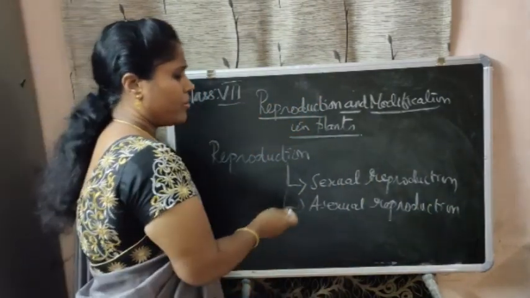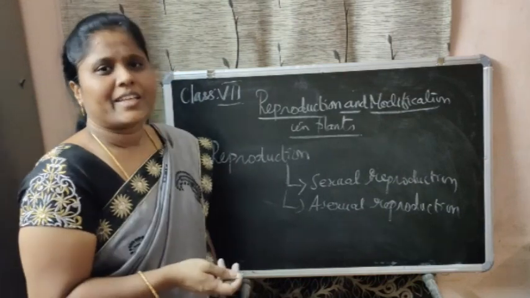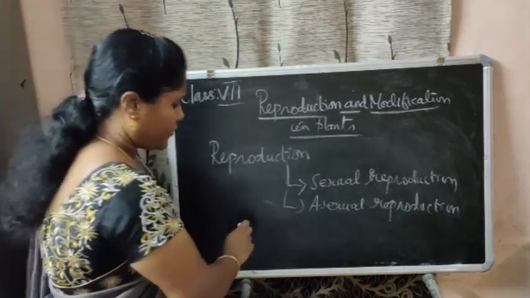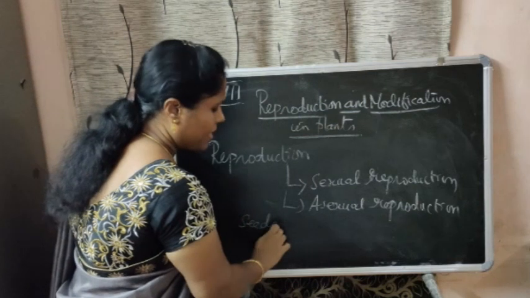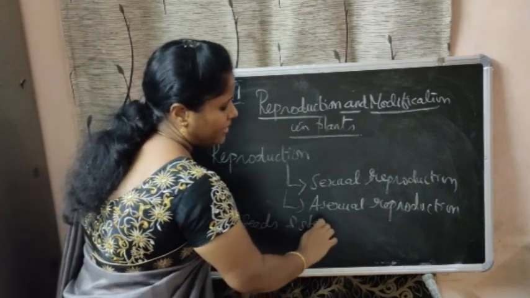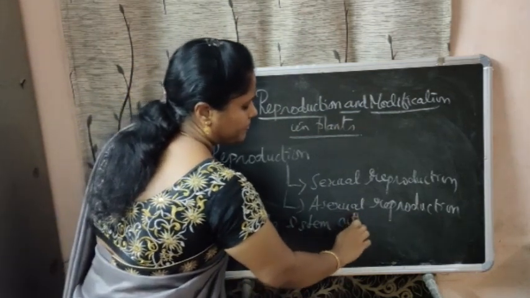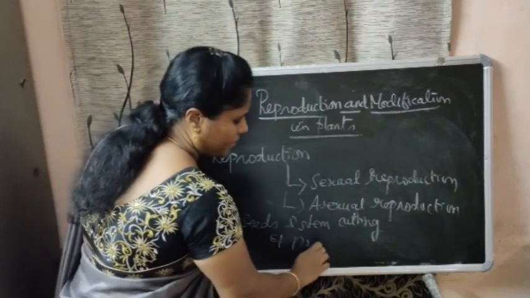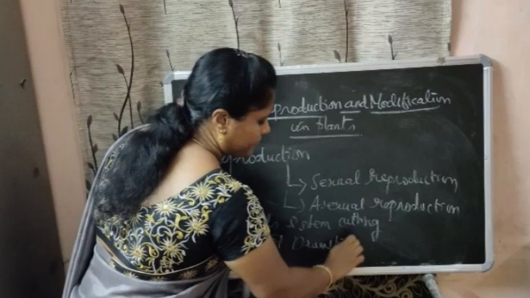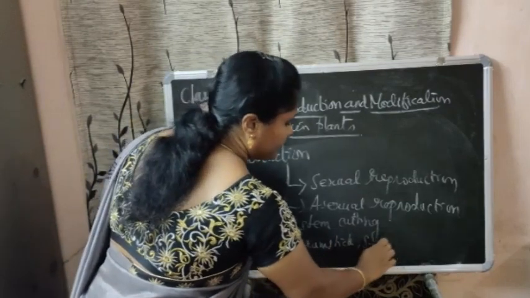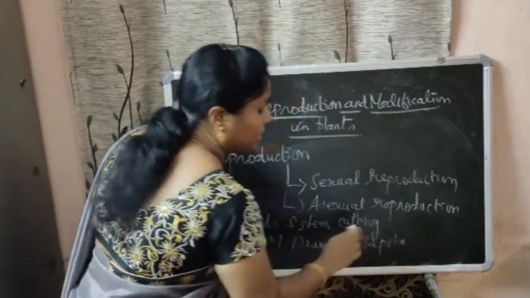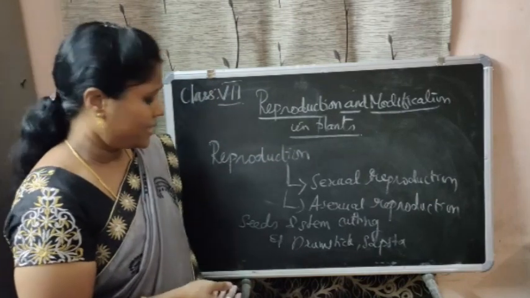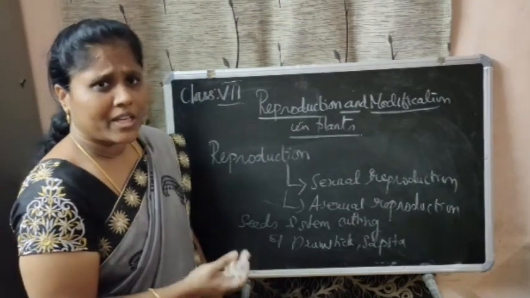You have seen that plants are produced from seeds and also from stem cuttings. For example, the drumstick and sapota. Many plants reproduce by means of seeds and also by means of stem cuttings.